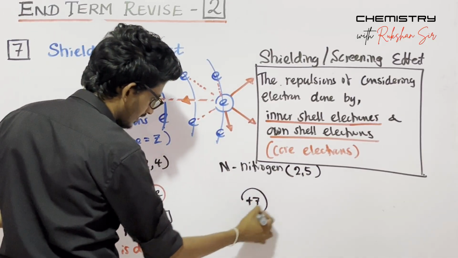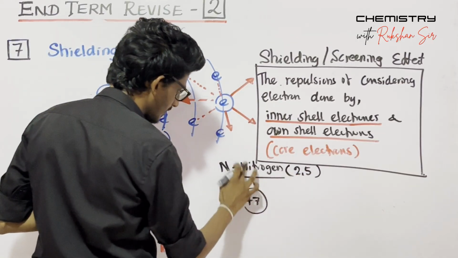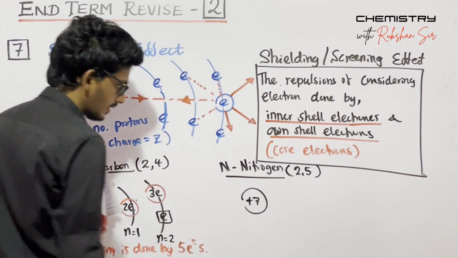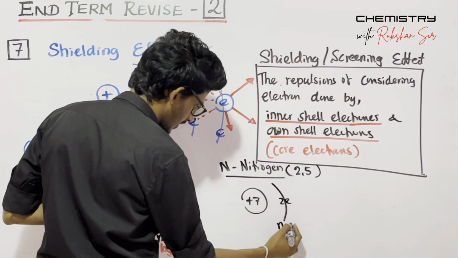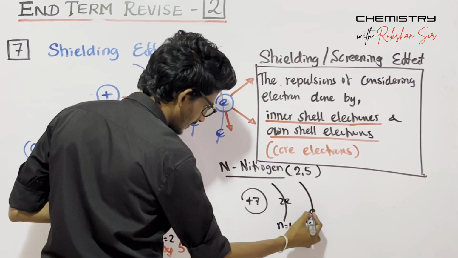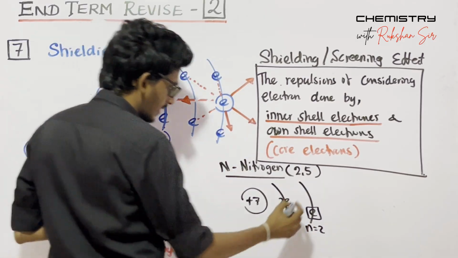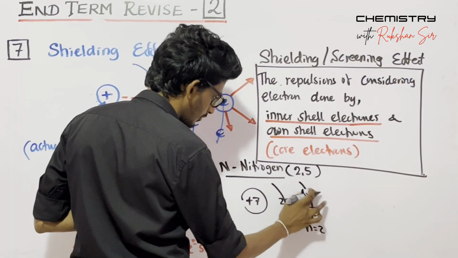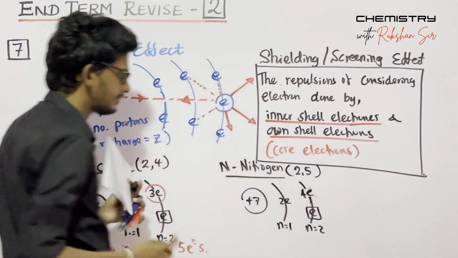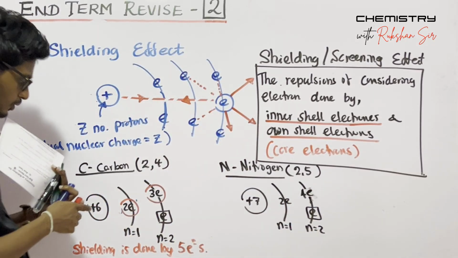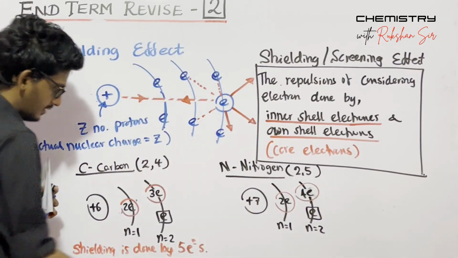The situation with nitrogen is like this: 2 electrons are at n equals 1 and at n equals 2, if this is the considering electron, you are with another 4 electrons as on-shell electrons. So you can clearly see shielding is done by 6 electrons.